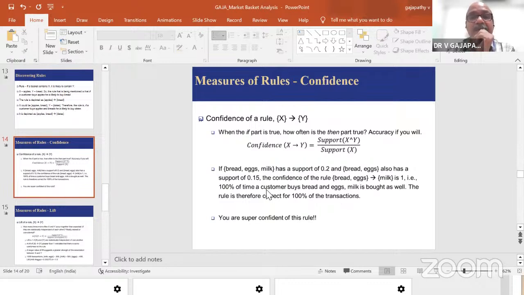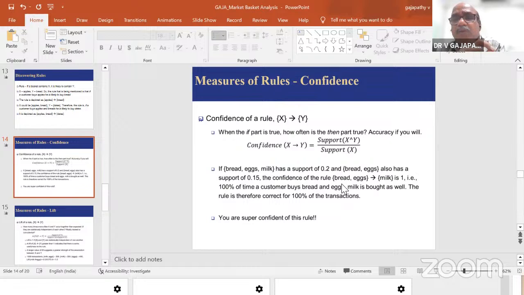If bread X milk has a support 0.2 and bread X also has a support of 0.15, these are all percentages actually. This is 20%, this is 15%. The confidence of the rule bread X implies milk. Now I am moving to a complete association environment.